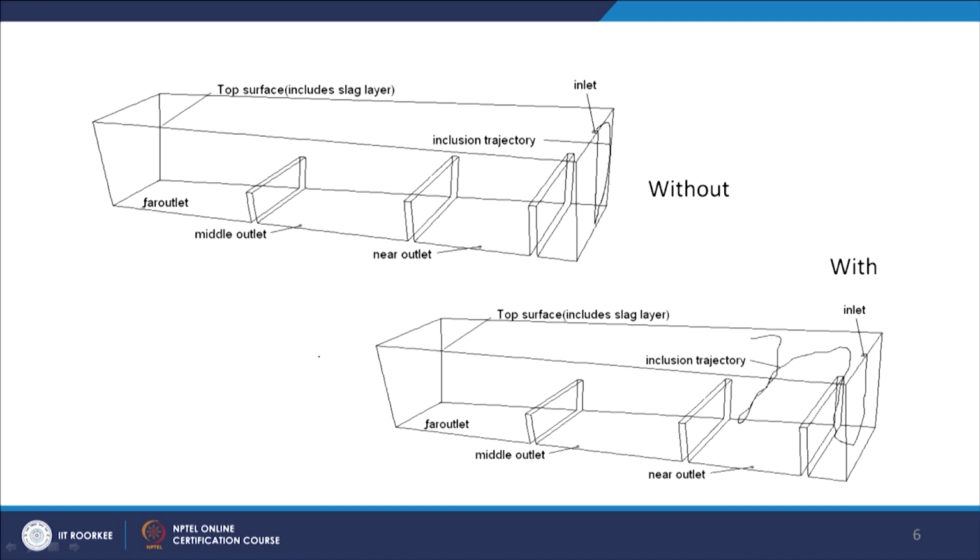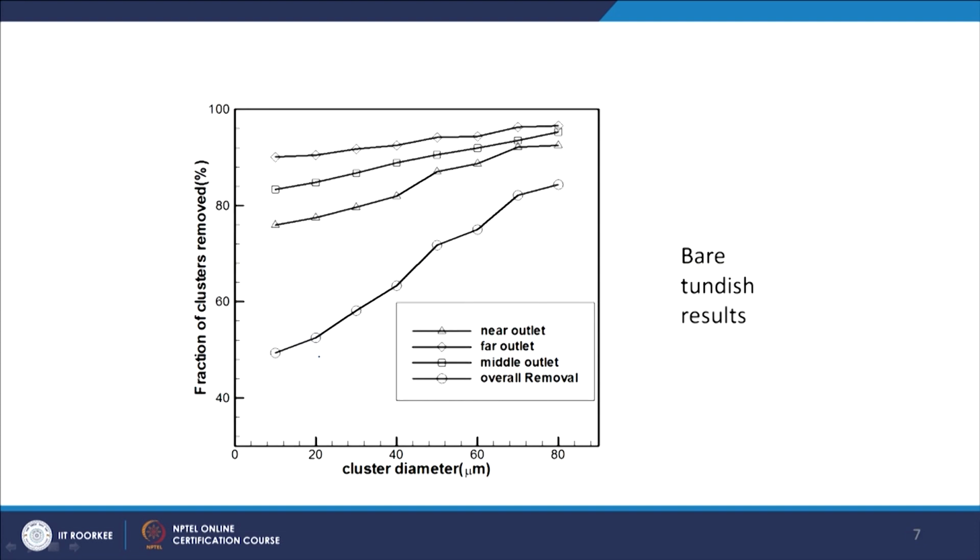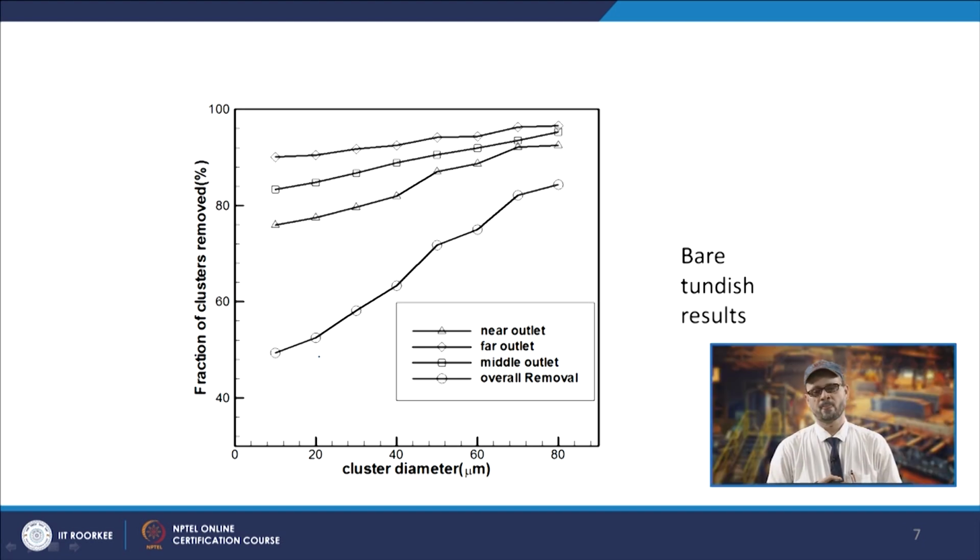Once you have your own geometry, you can use this algorithm to obtain the trajectory of the inclusion. Then these are some of the results. If you do it with different sizes of inclusion particles, you will have a certain kind of graph for the bare Tundish.